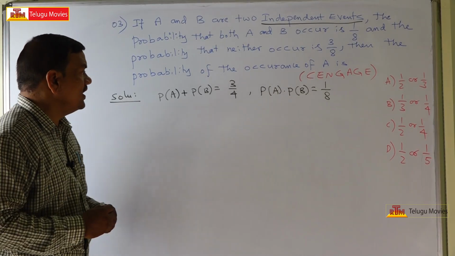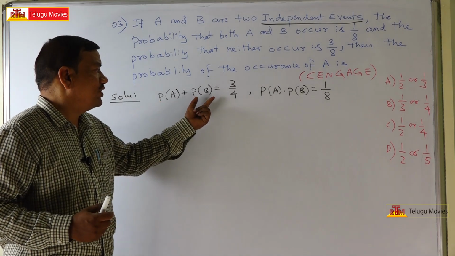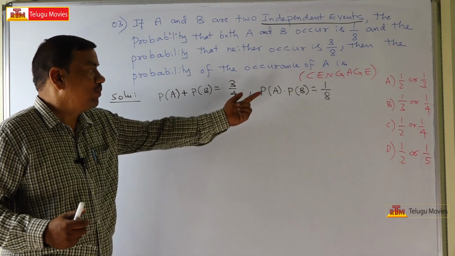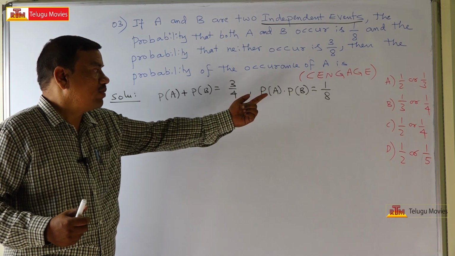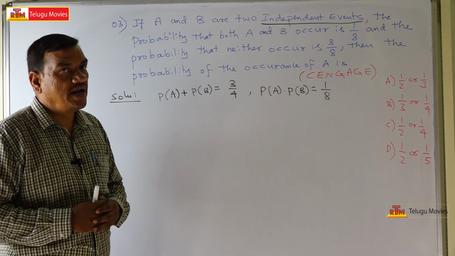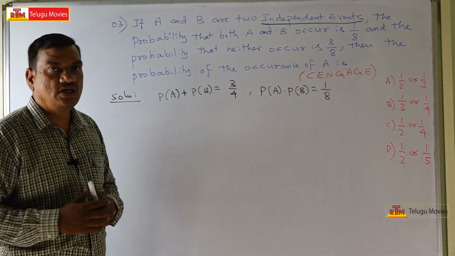Here probability of A plus probability of B we got as 3 upon 4, and probability of A times probability of B is equal to 1 upon 8. We can solve this by different methods.